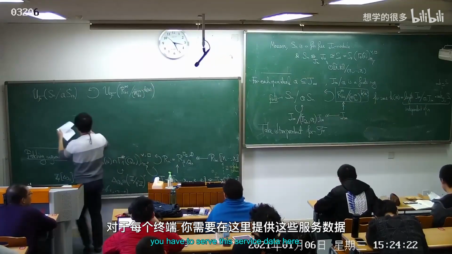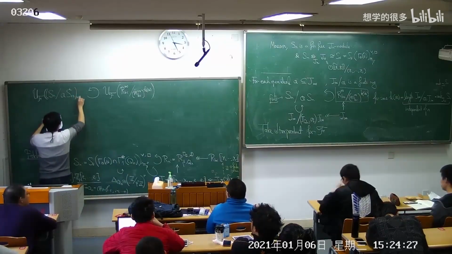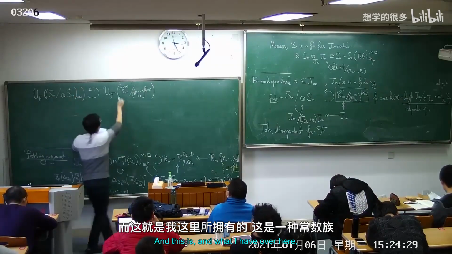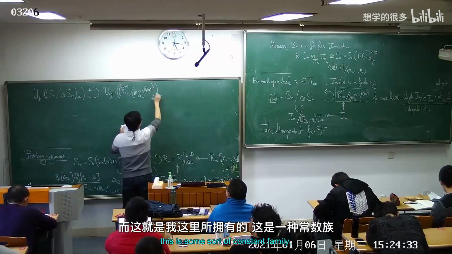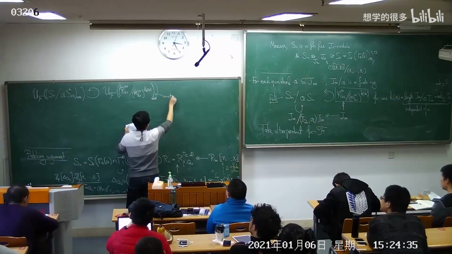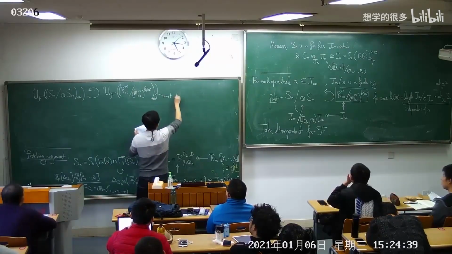For each n, you have this data here, and what I have over here is some sort of constant family, a constant collection.